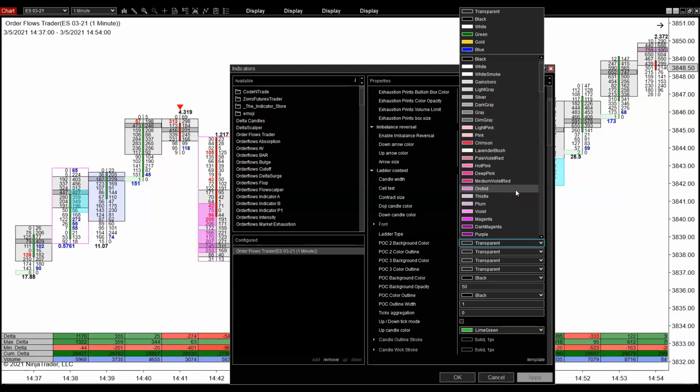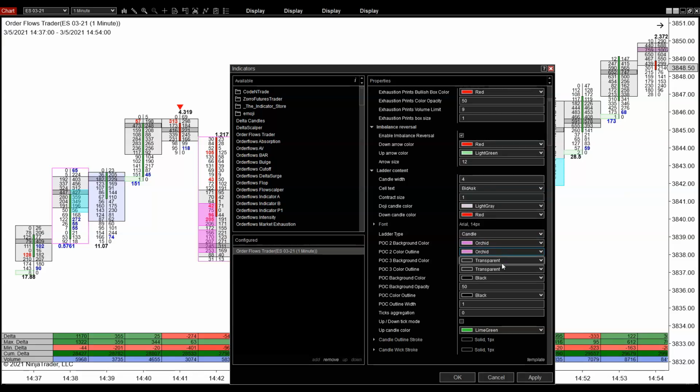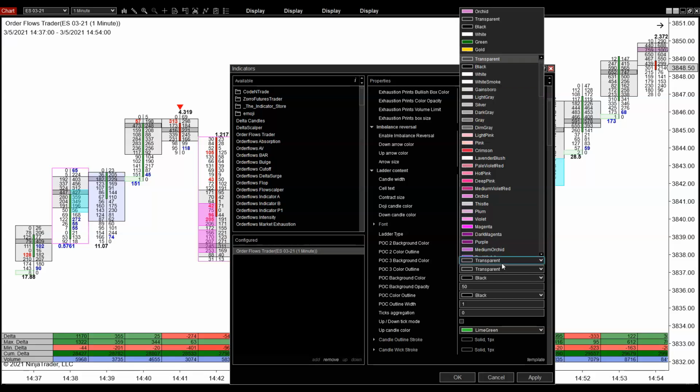So for example, I'll just change it to, I don't know, Orchid. That would be POC level 2, the second most volume in the bar. POC level 3, gosh, I don't know what to color it. I'll just do blue.